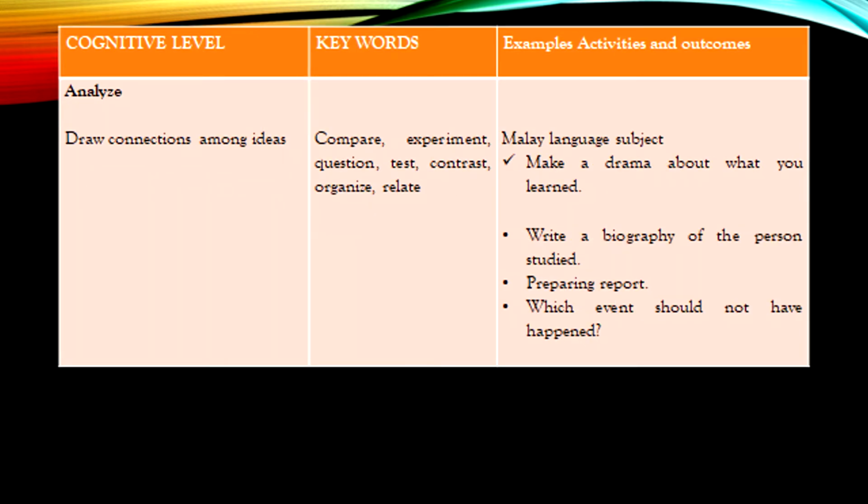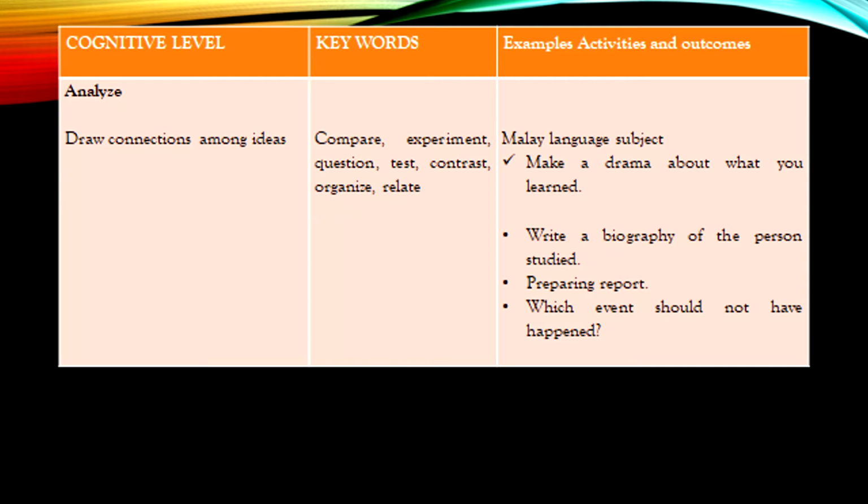Next, I will continue with my part. Higher-order thinking skills have three cognitive levels. First, analyze. Second, evaluate. And third, create. First, analysis: analyze and draw connections among ideas.